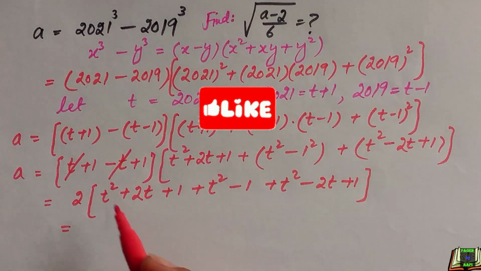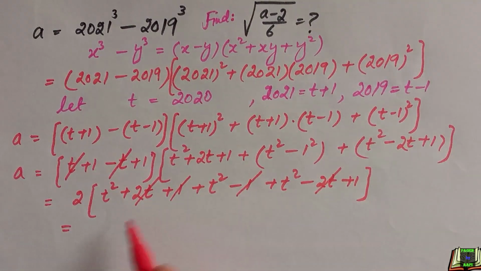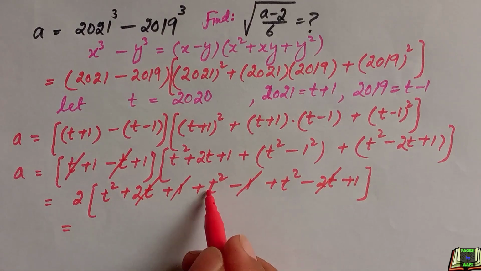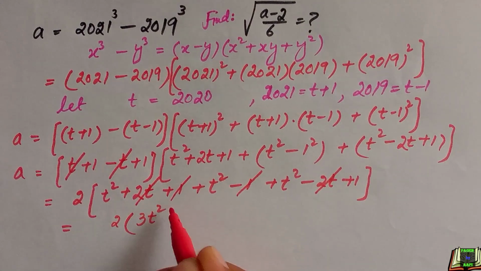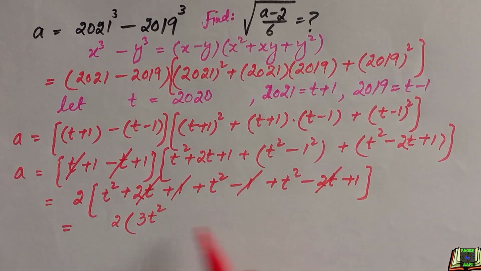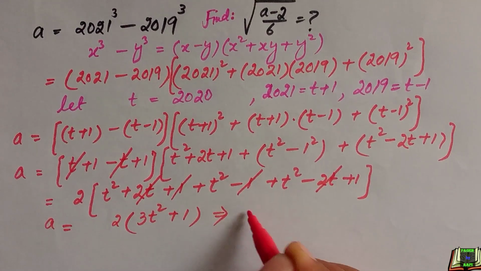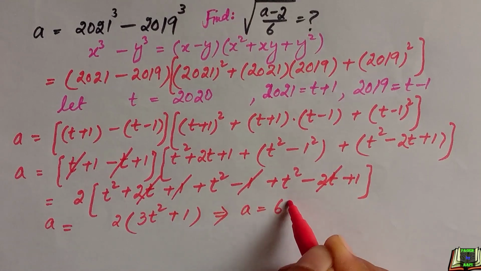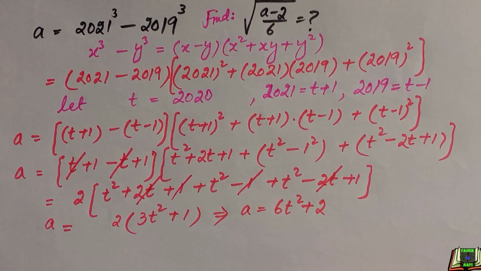Here we are going to cancel out this positive 1 and negative 1, positive 2t and negative 2t. We are left with 1, 2 and 3, 2 times 3t square plus 1. So A is equal to, multiplying this 2 by each term, 6t square plus 2.